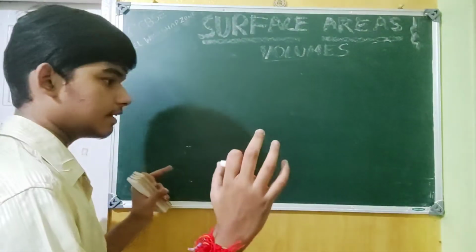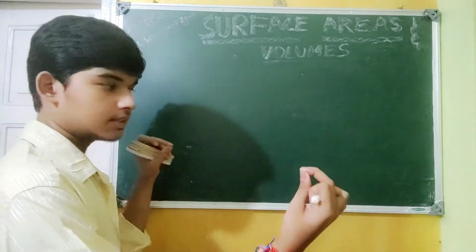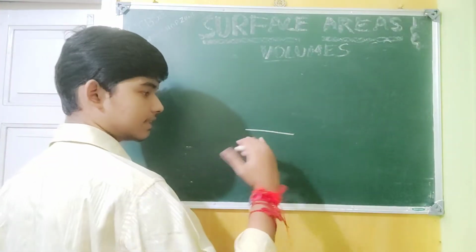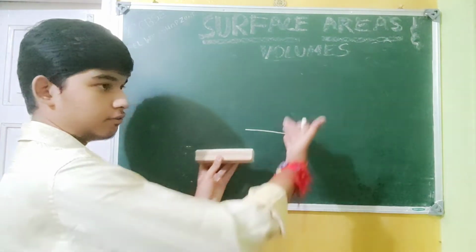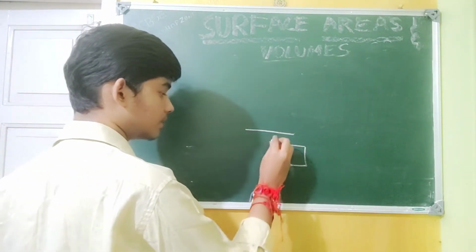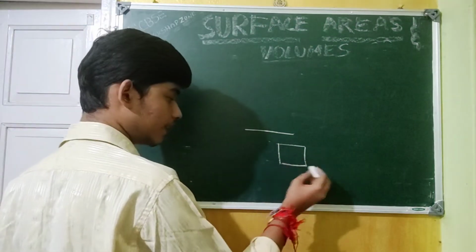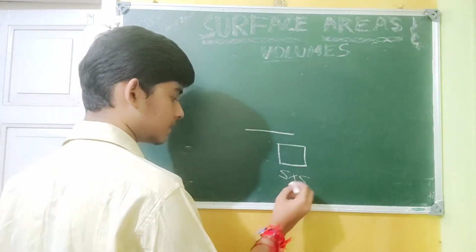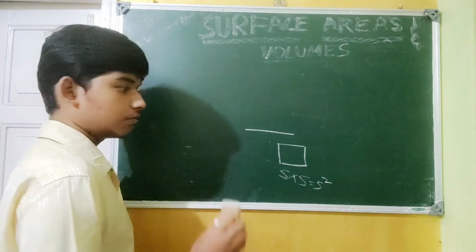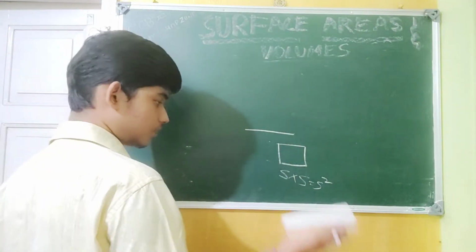Let's say we have a square sheet. To get its area, you need to multiply S into S is equal to S square. So this is the formula for finding out the surface area.